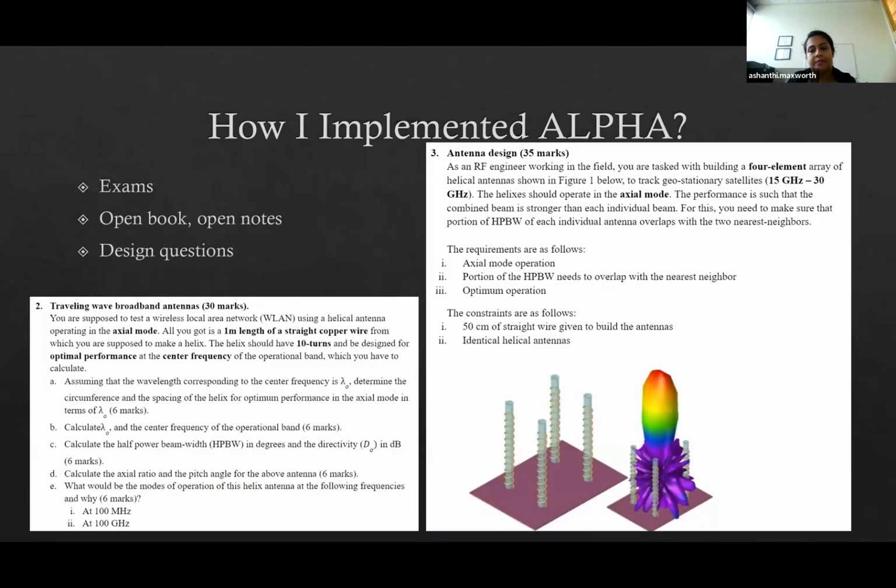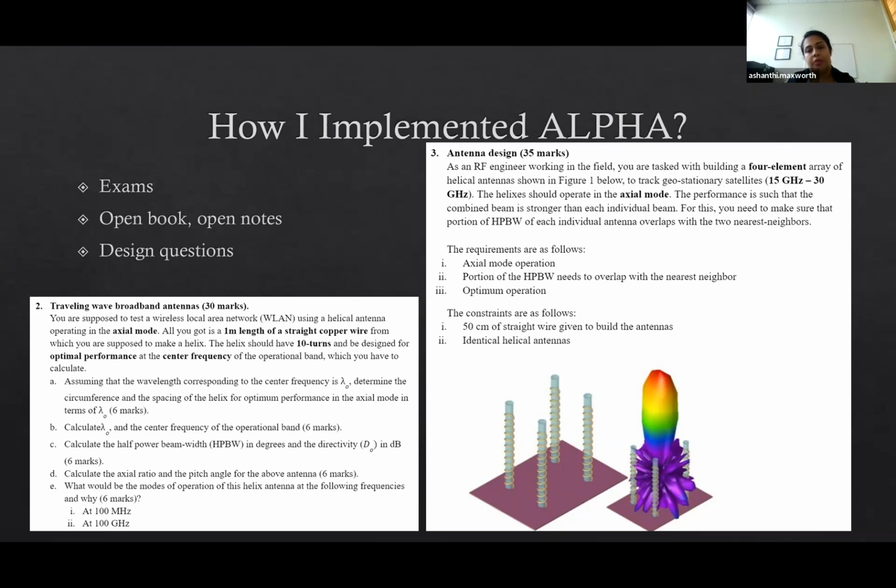So exams-wise, as I mentioned, this class had three exams: one close to the midway of the semester, one towards the end of the semester, and a final exam. I gave all exams open book and open notes, because when it comes to antenna design, there are lots of equations. As I remember, when I took antennas at CU Denver, our exams were open book as well, which was very practical, because there's no way somebody can remember all the design equations needed for this class.